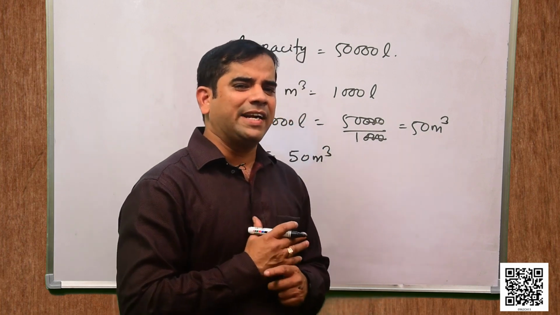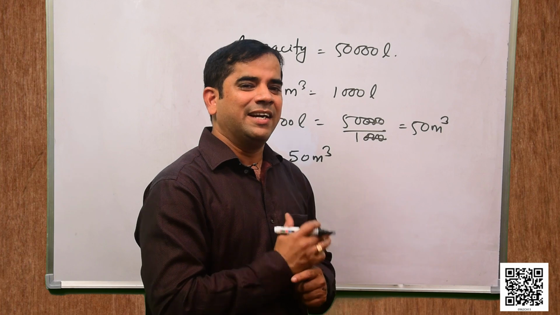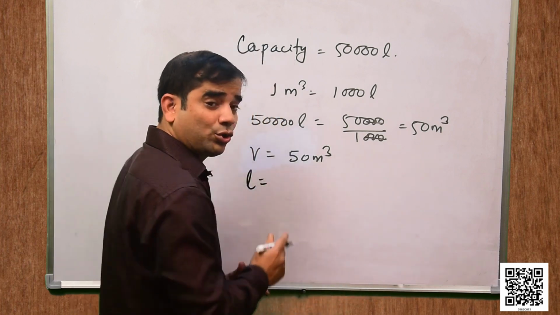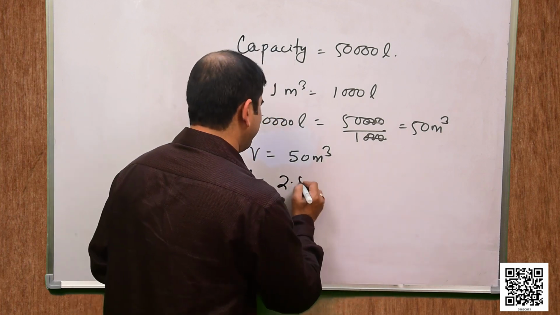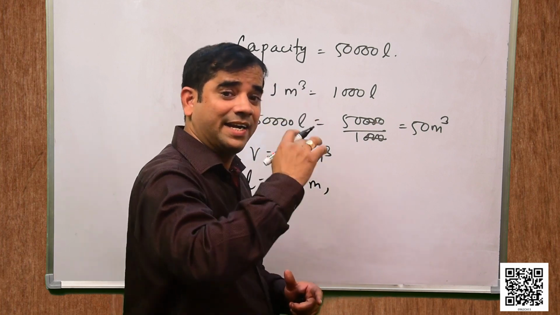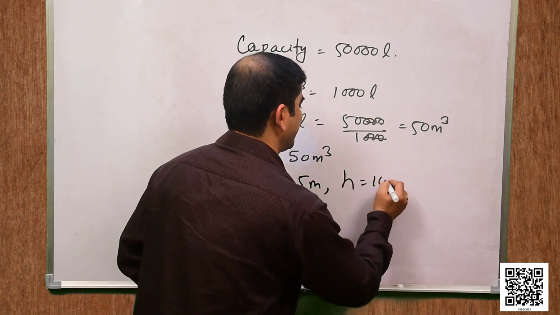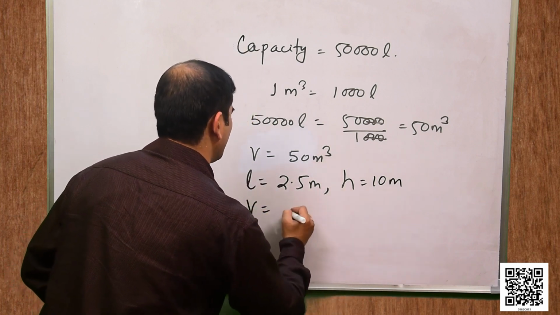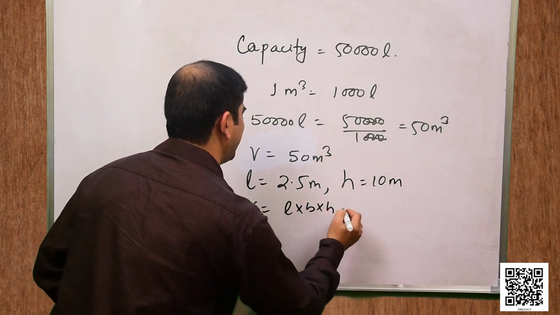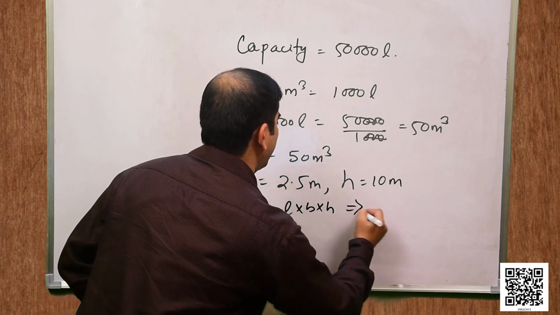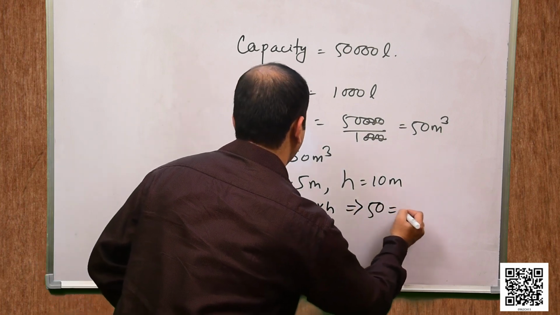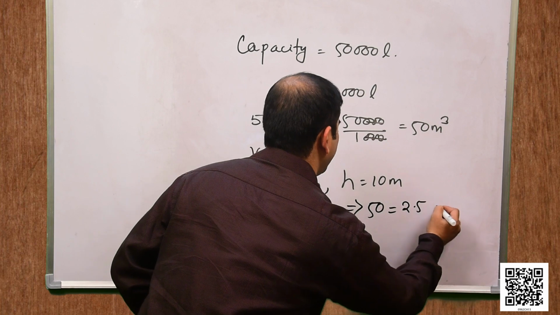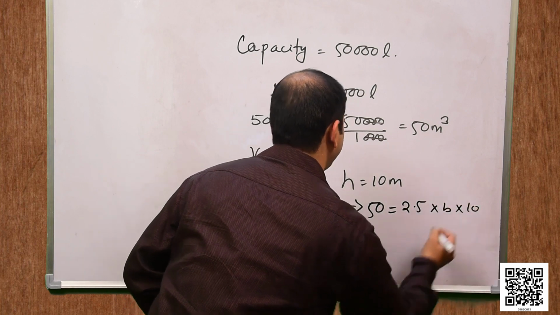Now, what are the given data for the dimension of the tank? Length is equal to 2.5 meter and height is 10 meter. That means volume is equal to length into breadth into height. That implies 50 meter cube is equal to 2.5 into B into 10.